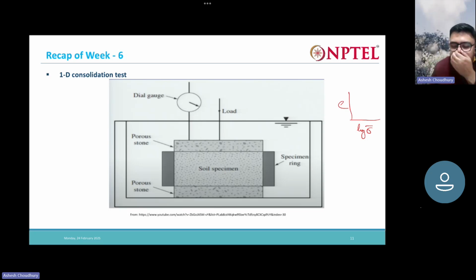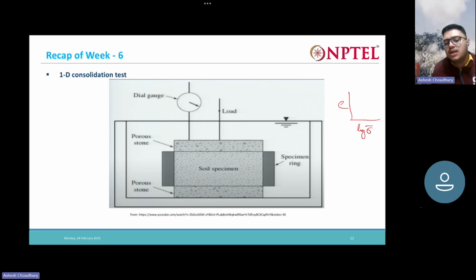From this test, we can determine parameters such as the coefficient of consolidation. We'll see all this in the next slide. All these parameters help us calculate how much that clay layer is going to settle due to this consolidation phenomenon. Always remember that consolidation is seen only in clay soil.